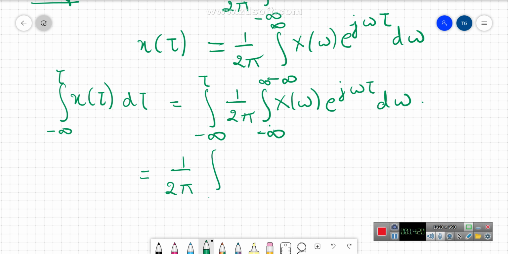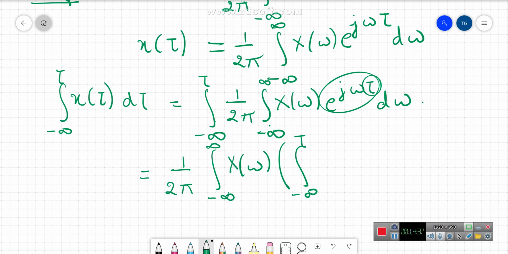Now we write the integration first, minus infinity to infinity X of omega, and we bring the tau integration inside because only this function has tau in it. So this is the integration from minus infinity to t of e to the power j omega tau d tau, and then d omega.